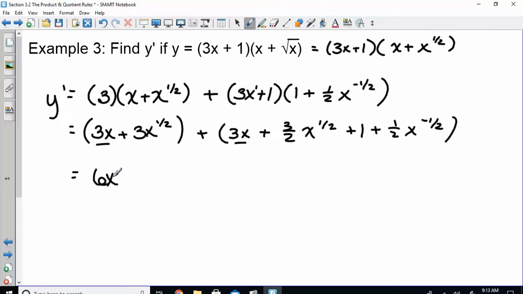So 3x plus 3x is 6x. 3x to 1/2 and 3/2 x to the 1/2.